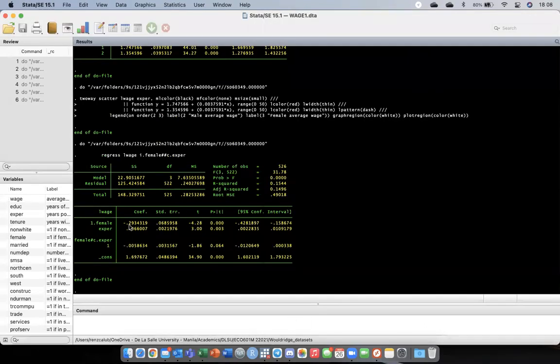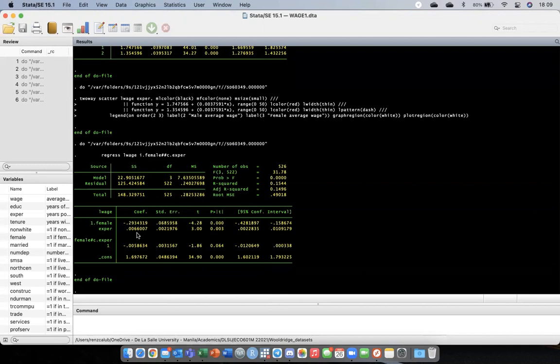So these are the results. You still have your shifter variable, which is your dummy variable for female. So this indicates that after controlling for experience and its interaction with the female dummy variable, the average wage for females is still significantly lower.